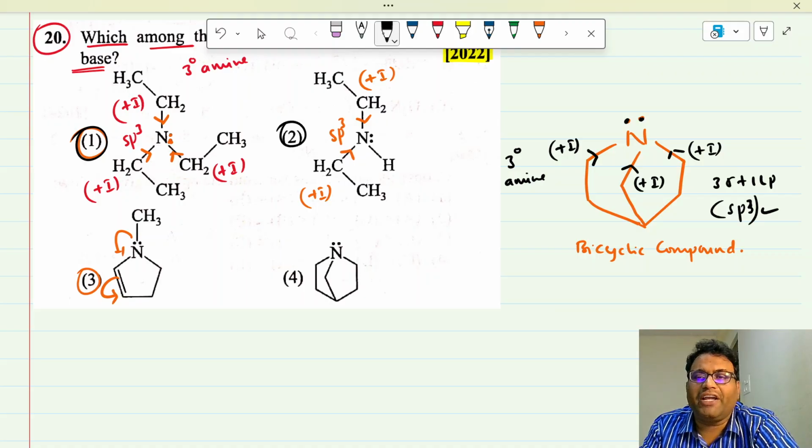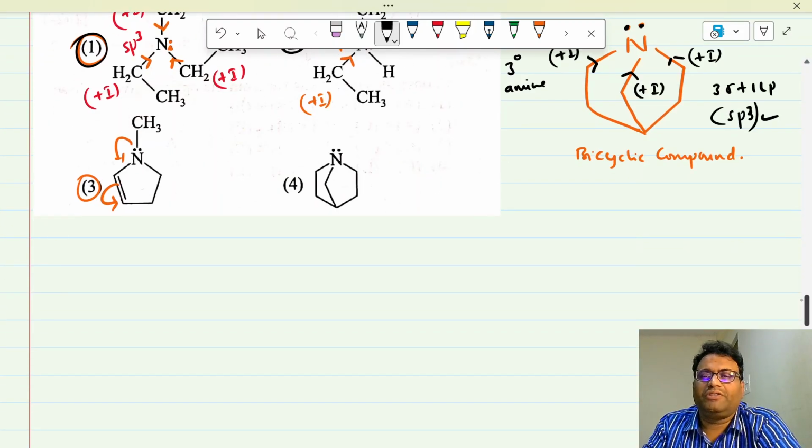As the bond angle is less than that, there will be angle strain in the molecule. It is a strained molecule.